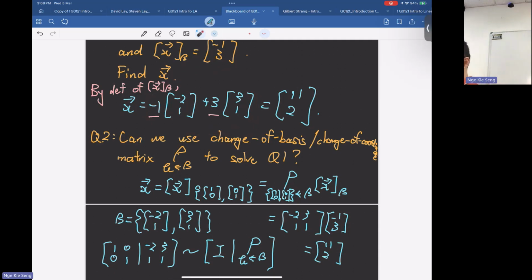You have -1 multiplied by 1 and 3 multiplied by -2 on the first row, and 3 times 1 on the second row. It's actually the same calculation. Any questions?